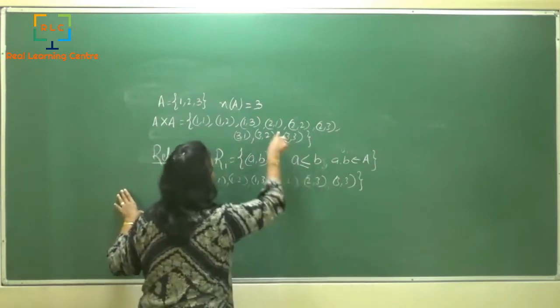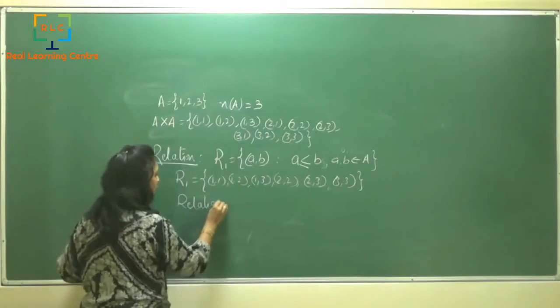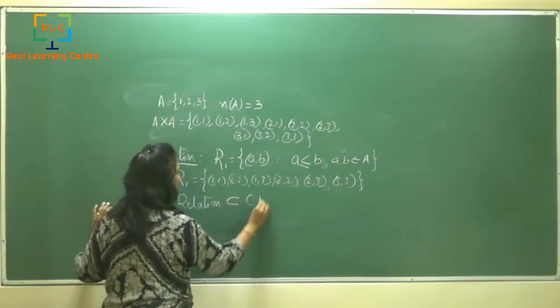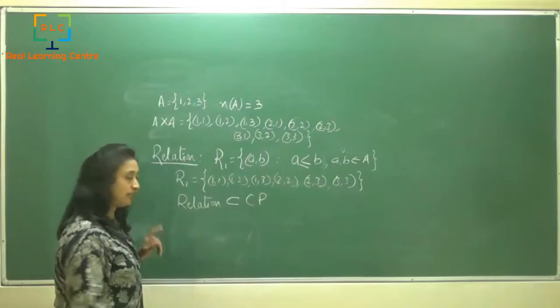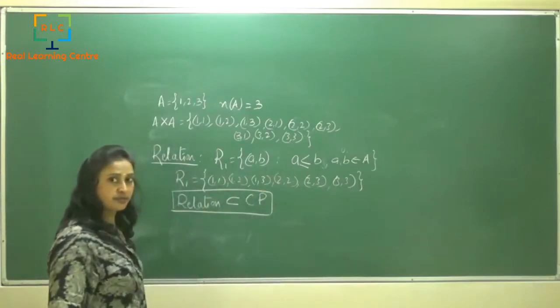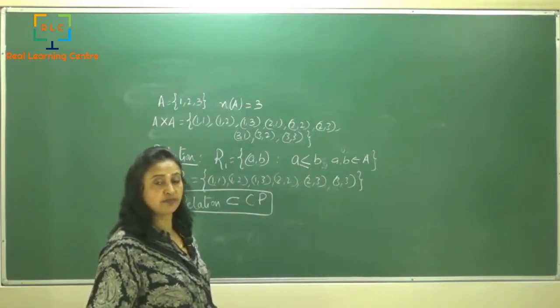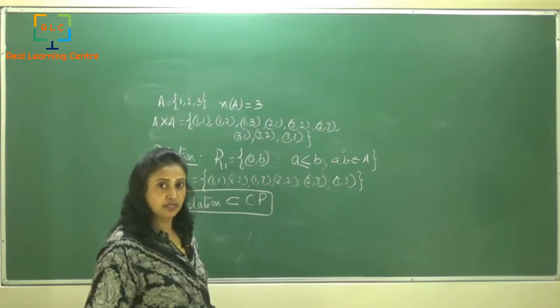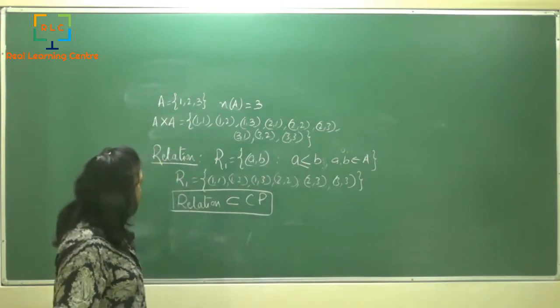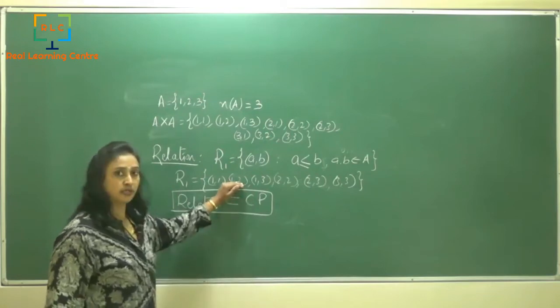All these are picked from A cross A, so a relation is a subset of the Cartesian product. That itself is the definition of a relation. It is the relation between the x coordinate and y coordinate of the pairs of elements of the Cartesian product which follow the given condition. So a relation is always a subset of the Cartesian product.